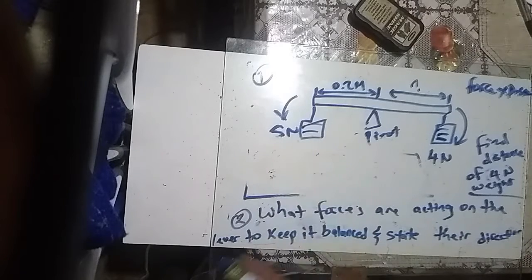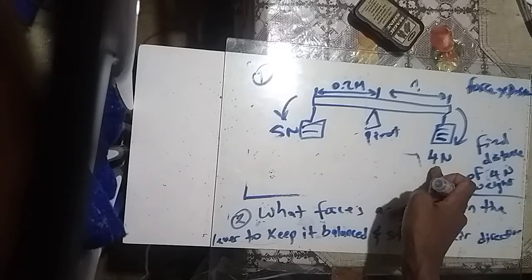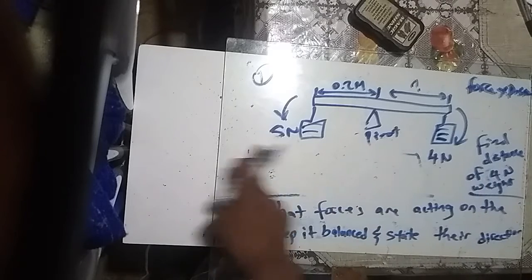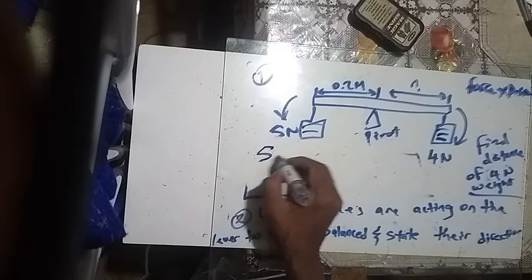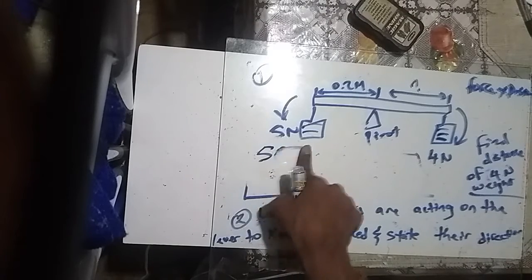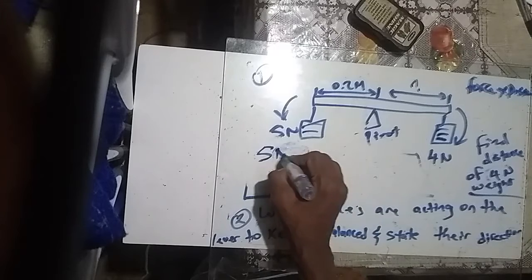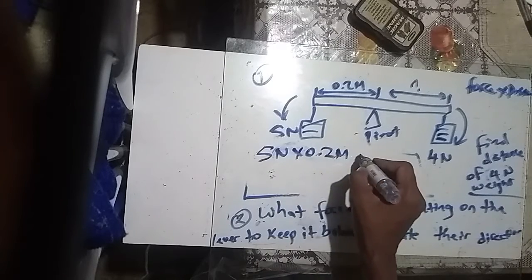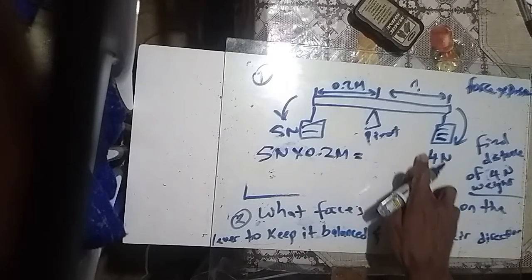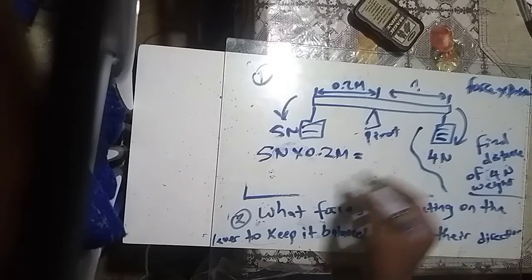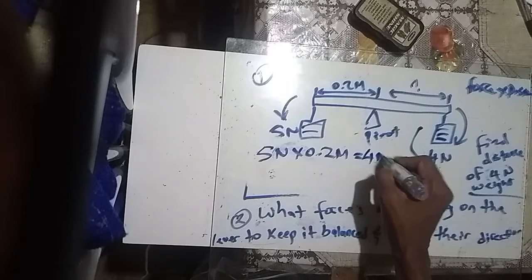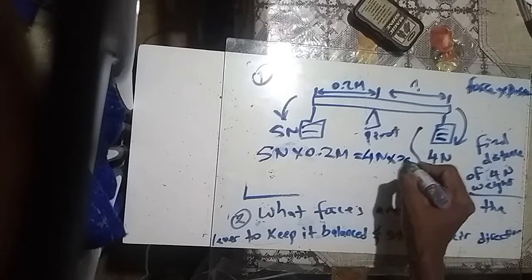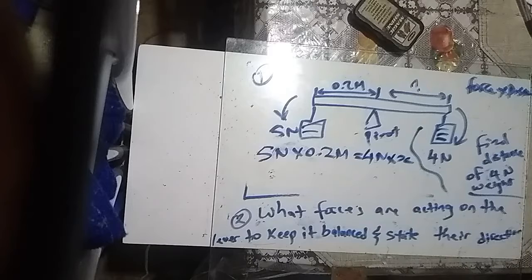Therefore, the 5 Newton belongs to the 0.2, not the 4 Newton. So you say 5 Newtons, and always put in a unit, 5 Newtons times 0.2 meter is equal to 4 Newton times x, because x is our unknown distance.